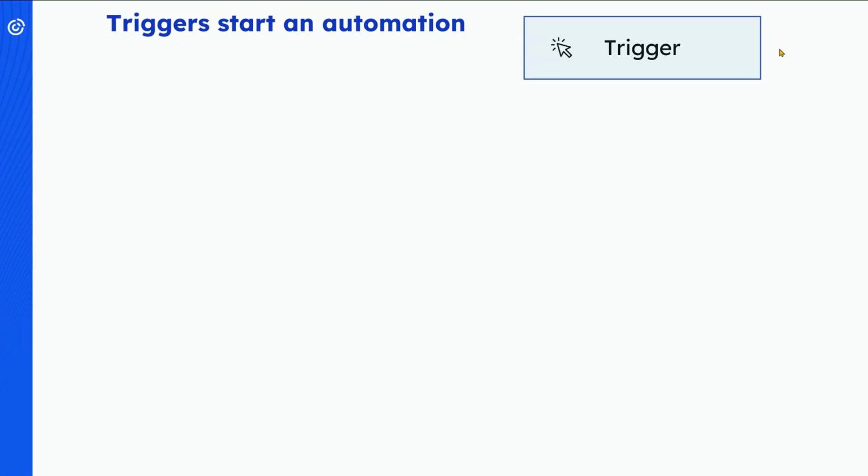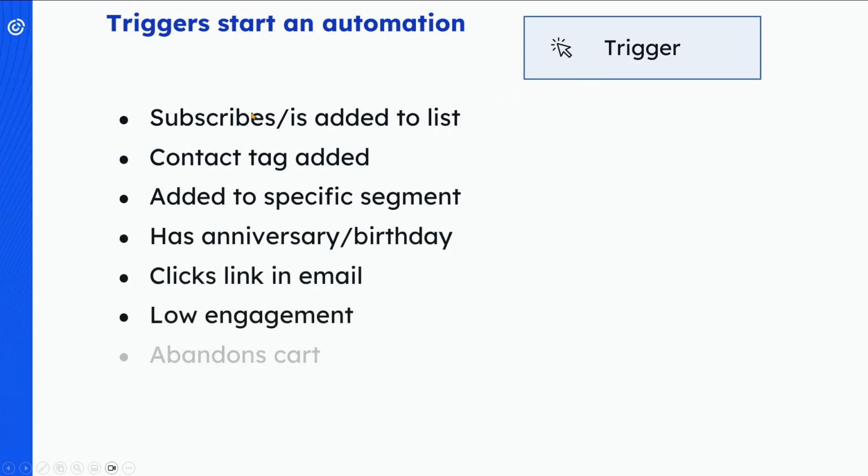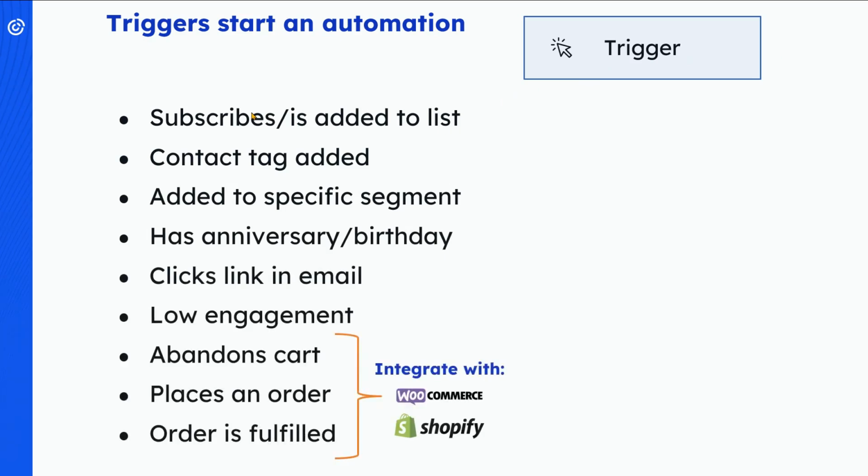Now, what can a trigger include? It can include somebody subscribes, like going to a website, typing their information in a box, and clicking that sign up button. Or let's say they get tagged inside of the account as a VIP. Let me send them a VIP thank you. They must have donated $1,000 or more in the most recent effort, and then they automatically get a thank you because they were tagged as a $1,000 donor. Added to a specific segment.